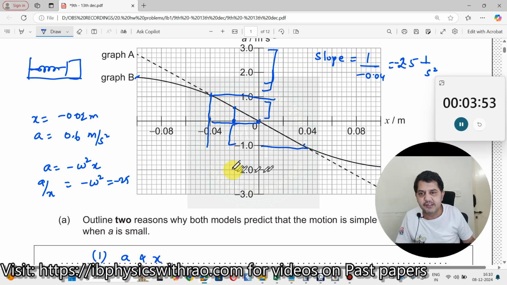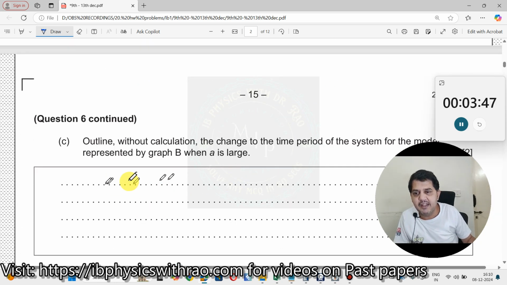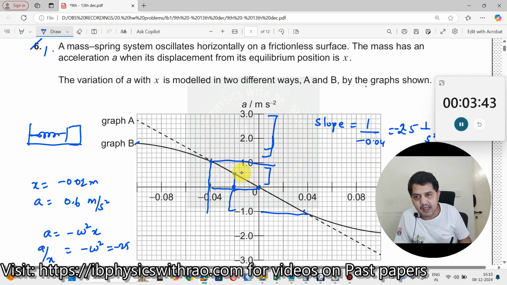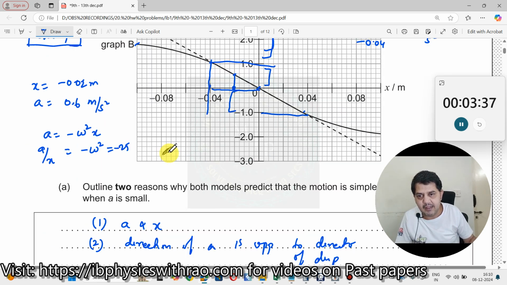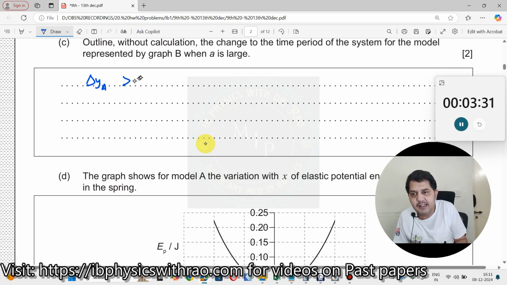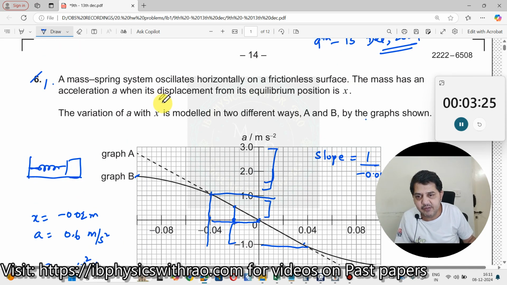Now when you do this, what is the y coordinate here? Average y. I will not even do the calculation because it says no calculation is required, outline without calculation, right? Here in case of graph A, this delta y was larger. I'll write delta y of A is greater than delta y of B, and what about delta x over here?